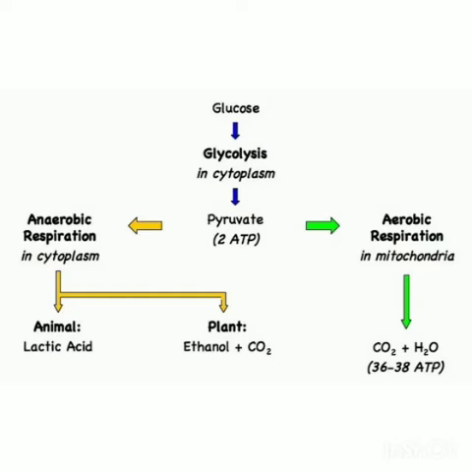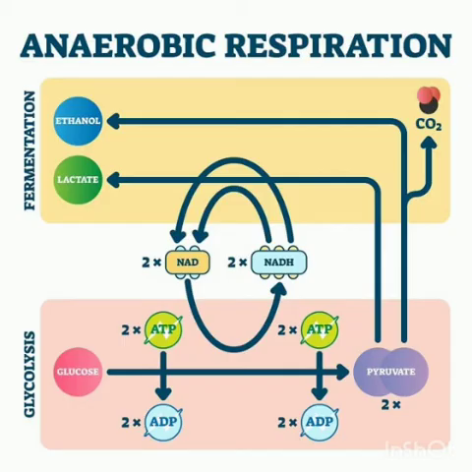Our muscle cells can also respire anaerobically, but not for a long time, only for a short time. When our body cells get a deficiency of oxygen, it leads to anaerobic respiration, and in this case lactic acid will be formed when glucose is broken down, instead of carbon dioxide and water.